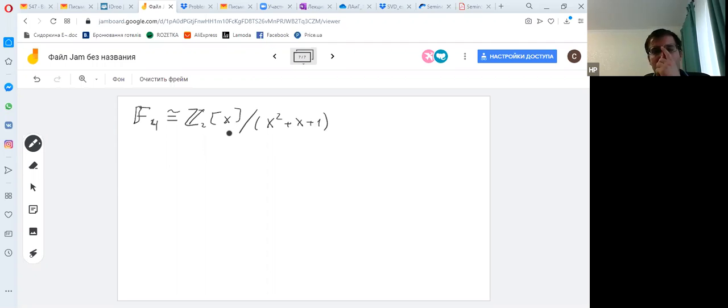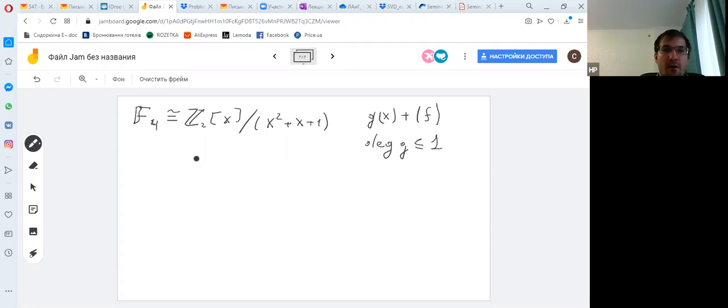And here we have classes g plus the ideal given by f, and we can choose such g that the degree of g is not bigger than 1.